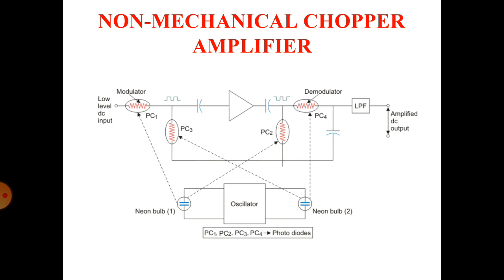So what is the operation of the chopper amplifier? The output of the T network will go to a switch. If the switch is on, that is, the switch is closed, the diode will be forward biased, so the circuit will conduct the current.